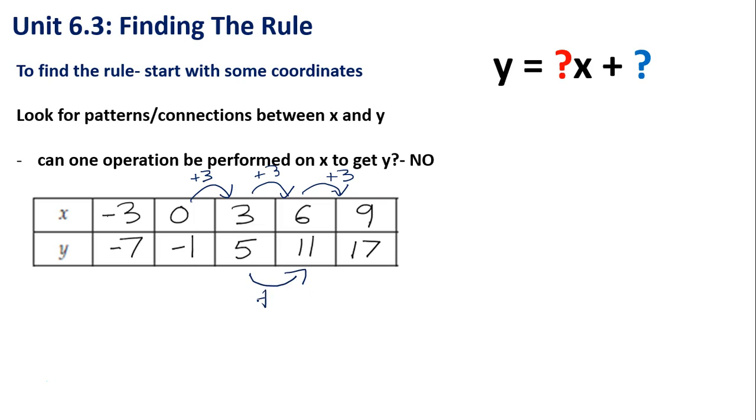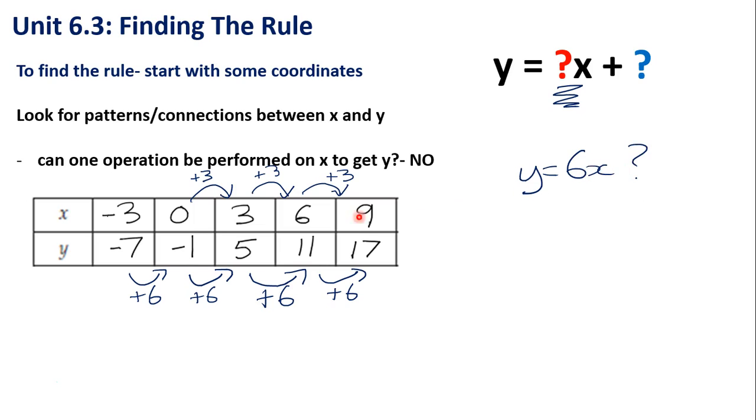Okay, so hopefully you've noticed the y coordinate is going up by 6 each time. So last time we said that this tells us the coefficient. So does that mean that it would be y equals 6x? If we substitute x equals 9, 6 times 9 is 54, so that's not even close.